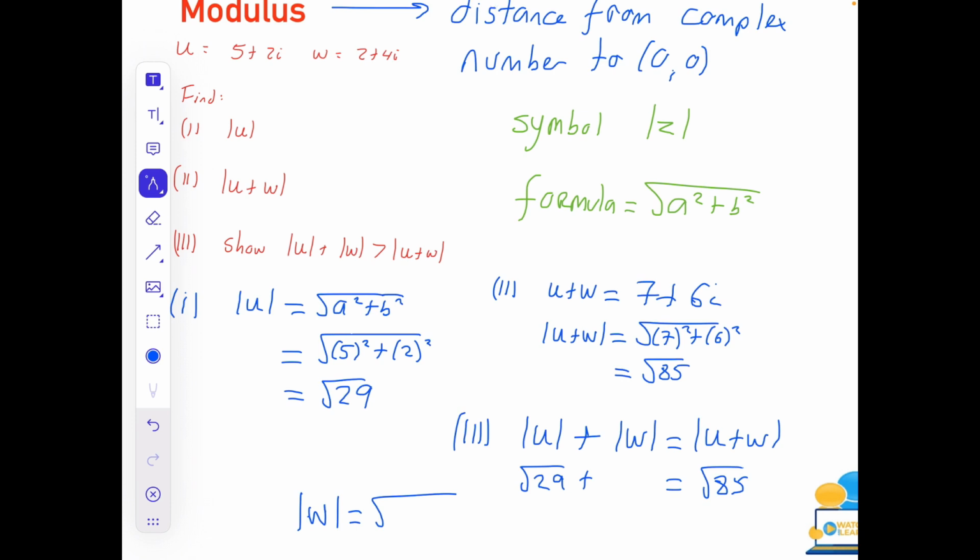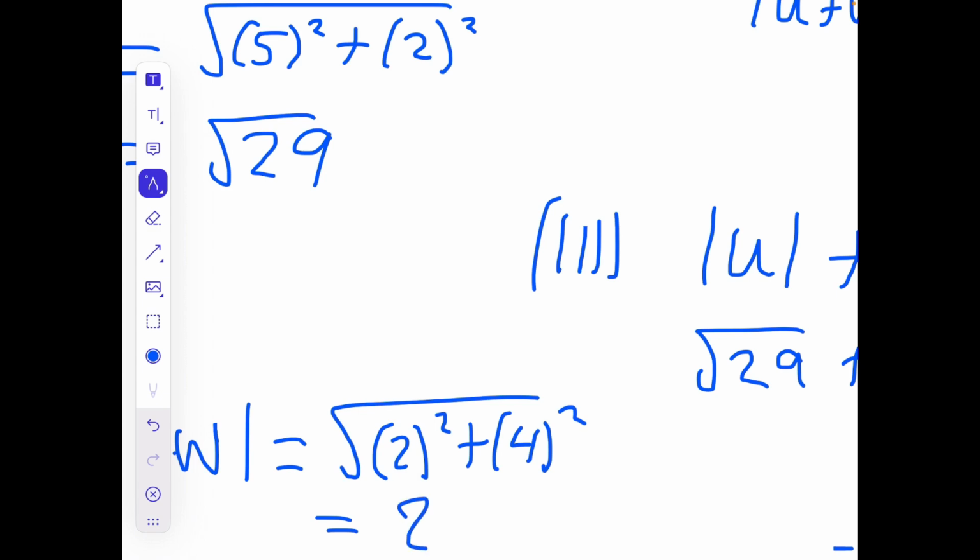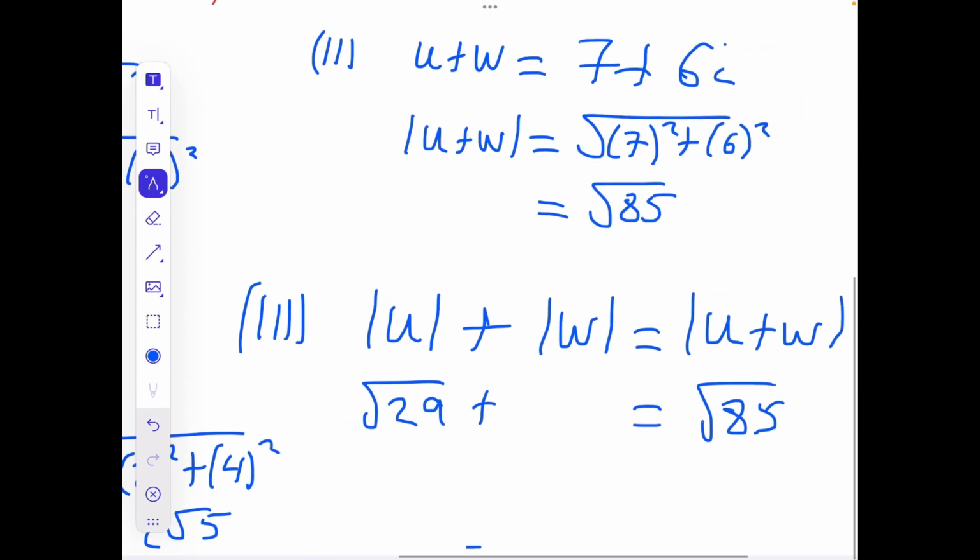w was 2 plus 4i, so it'll be the square root of 2 squared plus 4 squared, which is 2 root 5.